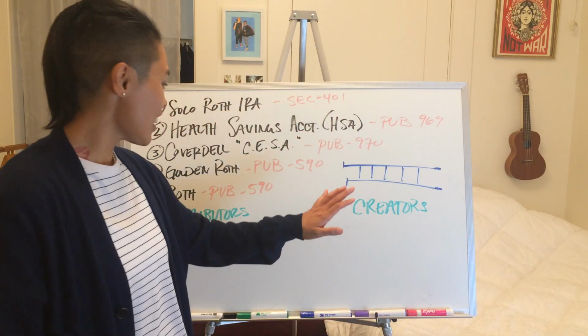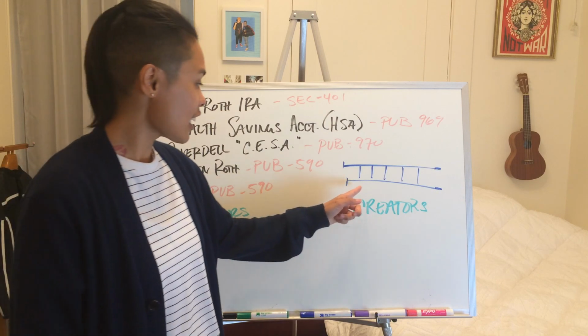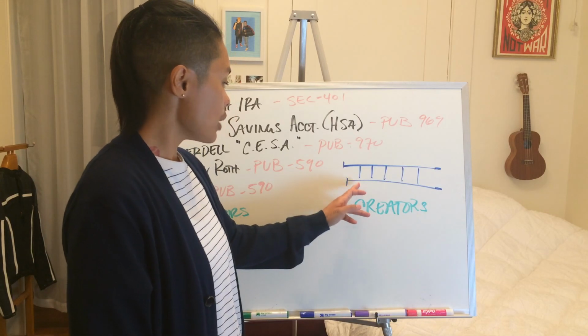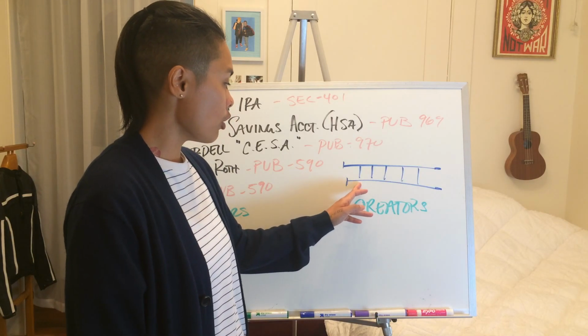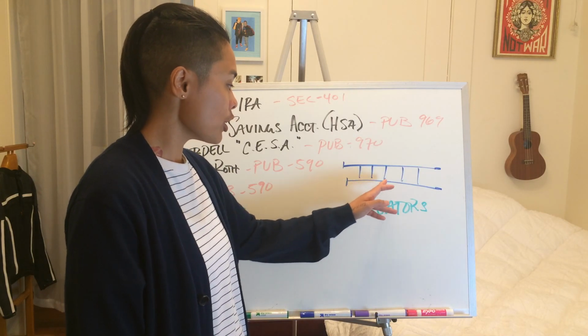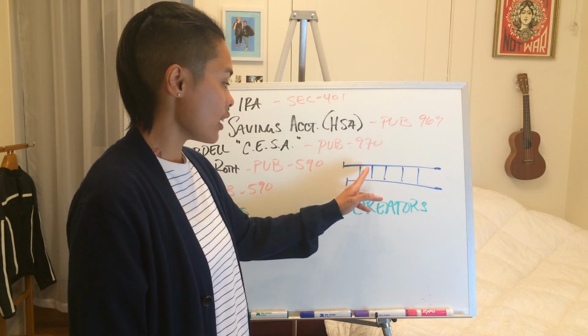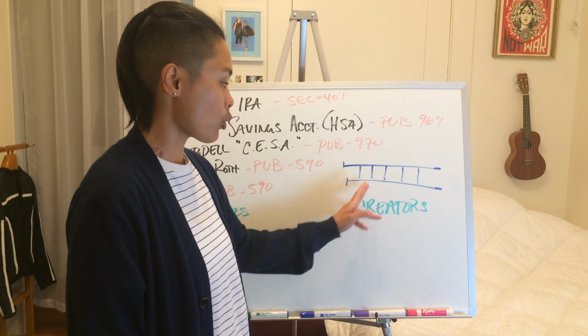Alright, so the thing with creators is that no matter where you're at, you need people who are below you, who are equal to you, and who are above you. No matter where you're at in the line, you need the people around you.